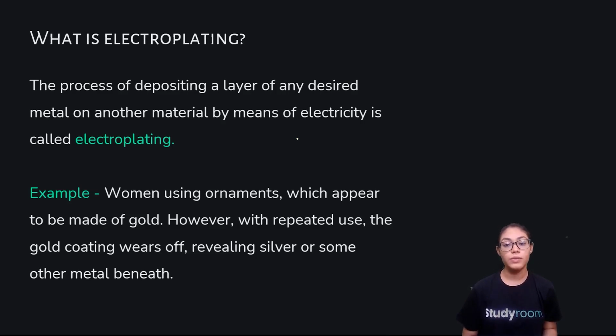Women use ornaments which appear to be made of gold. However, with repeated use, the gold coating wears off, revealing the silver or some other metal beneath it. So, from here, we can observe that below the coating of gold, there was another metal. So, silver was electroplated with gold to give it a good appearance, right?